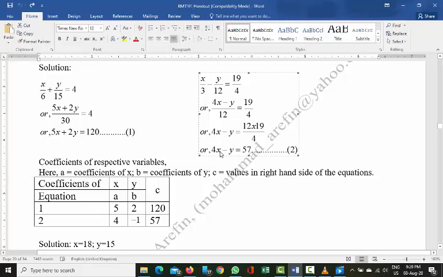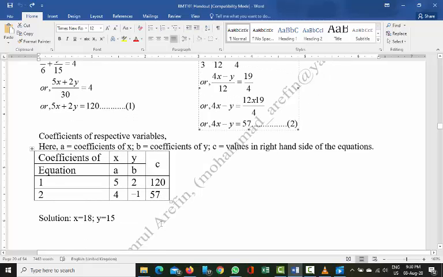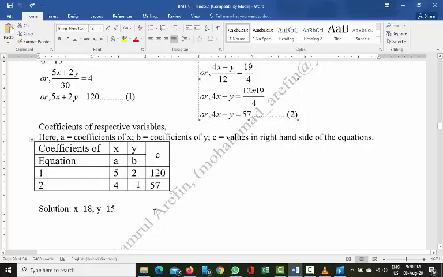The coefficient of the first variable is 4. The coefficient of y is minus 1, and on the right hand side we have 57. If you use your calculator and solve it, you will see the value of x is 18 and the value of y is 15.